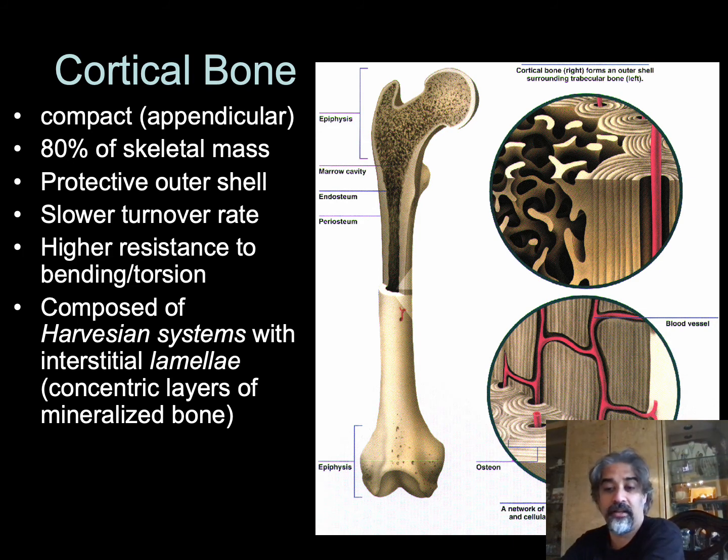The canal can contain capillaries, vessels, nerves, and maybe even lymphatics. Between each osteon are the interstitial lamellae, which are the concentric circles of mineralized bone. Lamellar bone gets its strength from its plywood-like construction, in that it's parallel layers of bone alternating in orientation by 90 degrees.